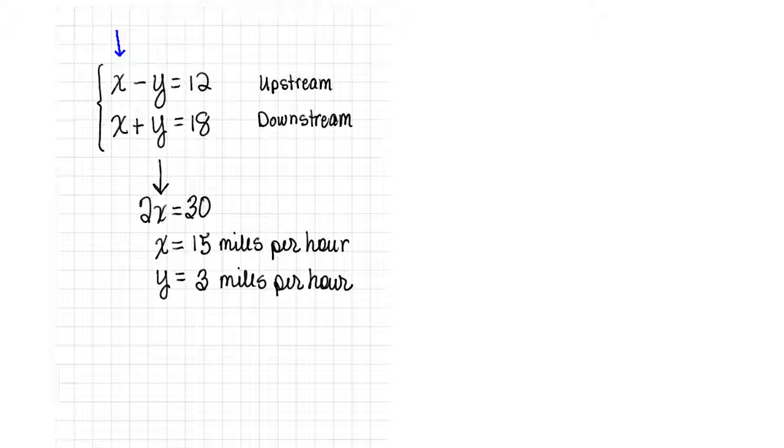Luckily, our y's are going to cancel each other out, so we get 2x equals 30, x equals 15 miles per hour, and left over, y would equal 3 miles per hour, so the stream has a current speed of 3 miles per hour. And that's how it's done in the big leagues.